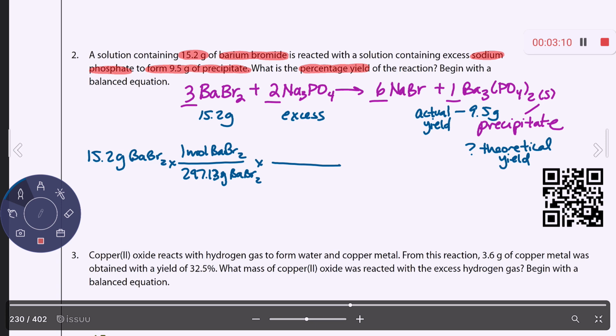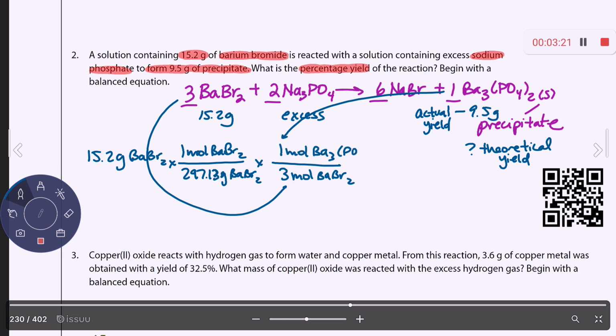And then you've got a 3 in front of here, and then you've got a 1 in front of here. And based upon the unit that they gave you for the actual yield, since they gave you grams, that's how I know I've got to convert all the way over to grams here.